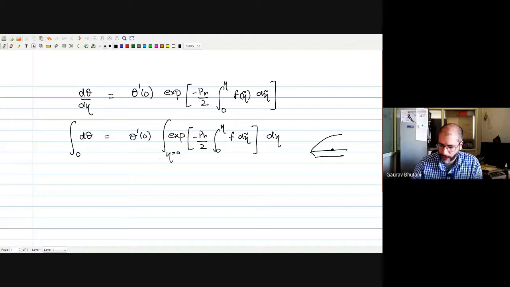On the surface theta is 0, and in the free stream my theta is 1. And then I go to some arbitrary theta. Since I want to call this eta, I will call this eta double tilde, just so that my final dependence of theta is only on eta.